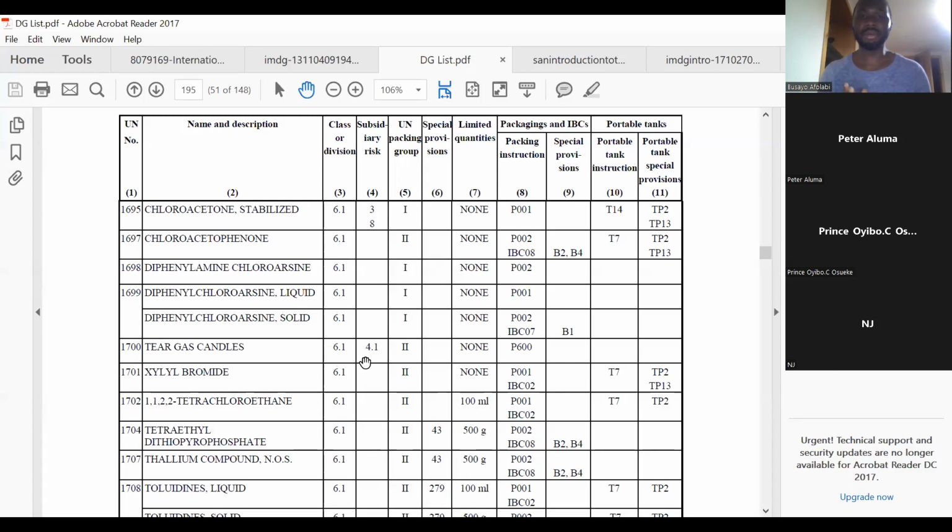Limited and accepted quantity. That's where I really wanted to hammer on today, but I will keep that till tomorrow. Does anybody have an idea what limited and accepted quantity is?